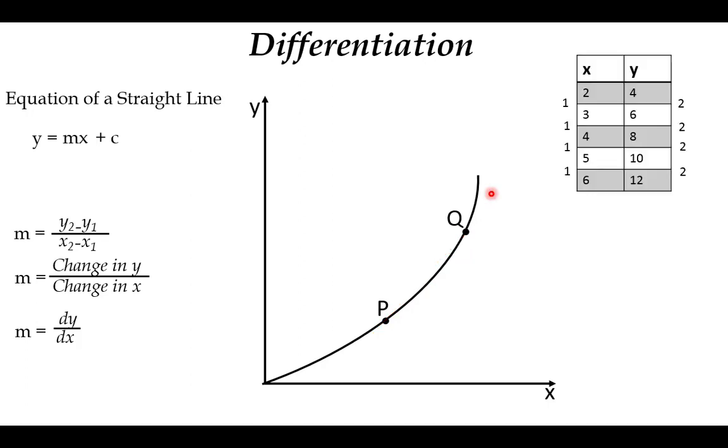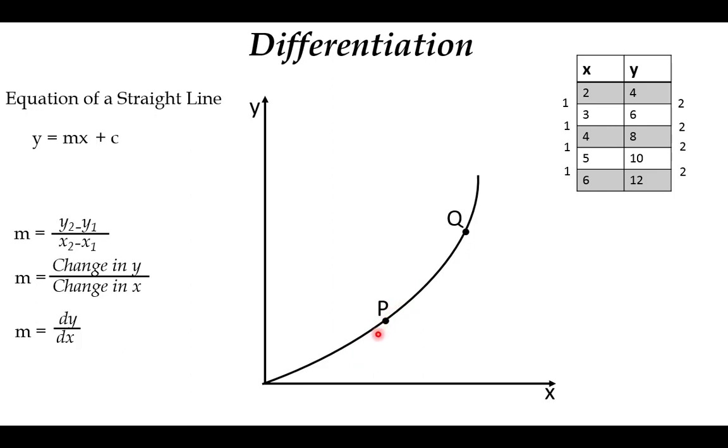So differentiation is a good tool for us to know the rate of change. The rate of change at point P is different from the rate of change at point Q, and their slopes will be different. So the slope that we are actually calculating is giving us the rate of change at an instant, at a particular point.